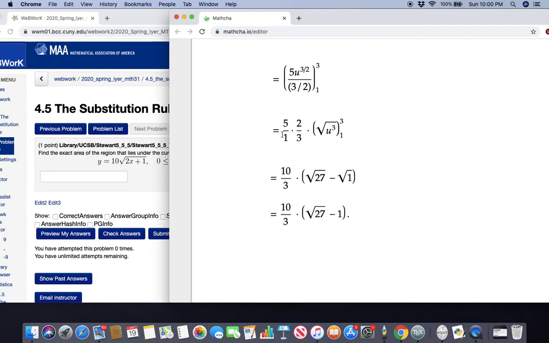Okay. What happens here? 5 times 2, 10. 1 times 3, 3. Square root of 3 cubed, 27, minus square root of 1 cubed, 1. So 10 over 3 times parenthesis square root 27 minus 1.